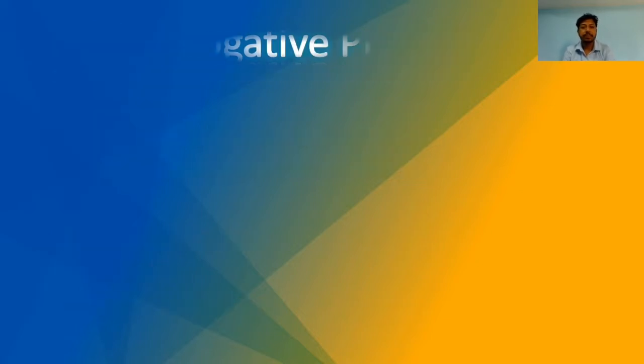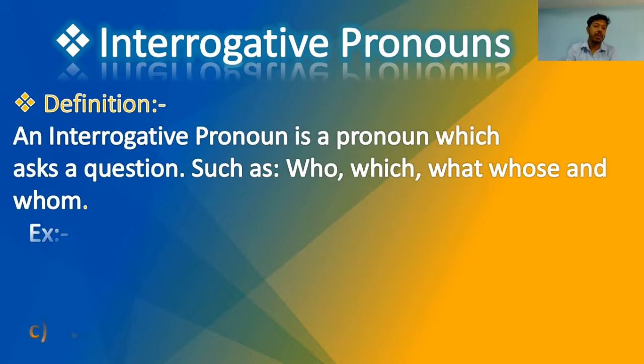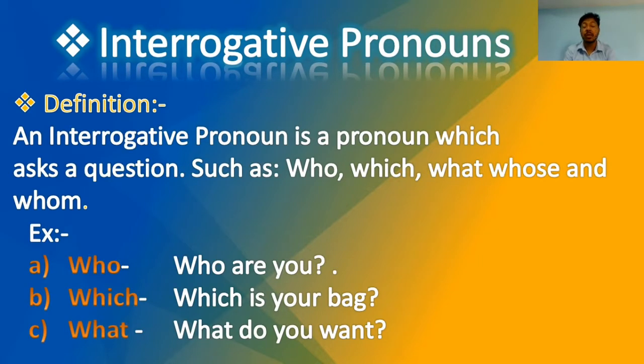Now, interrogative pronouns. What is the meaning of interrogative or interrogation? Interrogation means to ask a question, to want some answer. Questions are formed by WH words. What are WH words? That is who, which, what, whom, how.